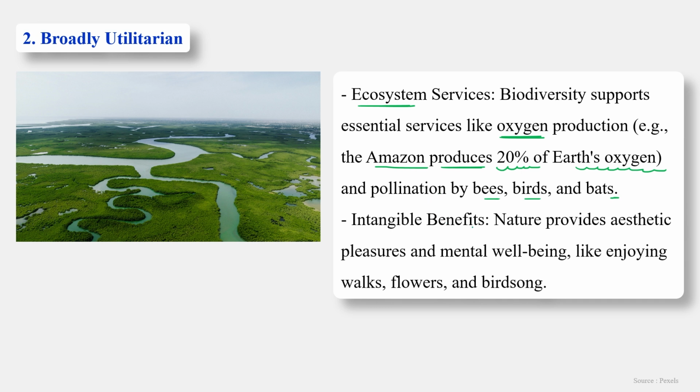So intangible benefits: nature provides aesthetic pleasure. Yes, it provides our mental well-being, like enjoying walks, flowering, bird songs, trekking and all these things. So for these benefits also, we have to conserve our biodiversity, our nature.